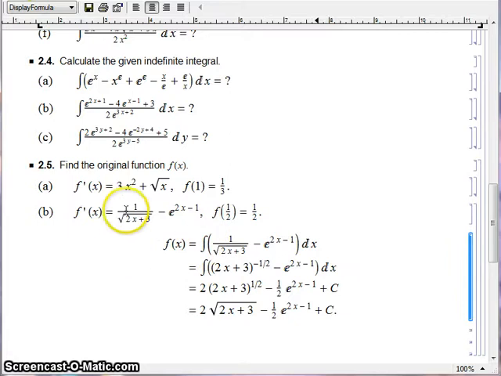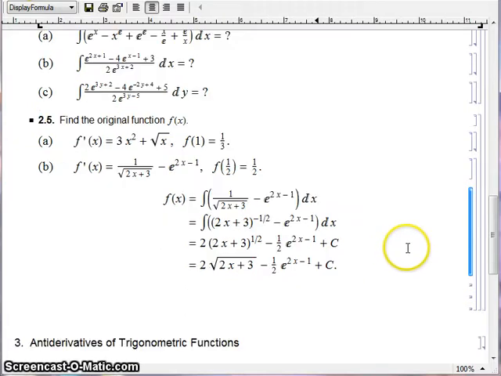So here we go. 1 over square root of 2x plus 3 is equivalent to 2x plus 3 to the -1/2 power. And exponential 2x minus 1. And then let's apply those antiderivative rules there.